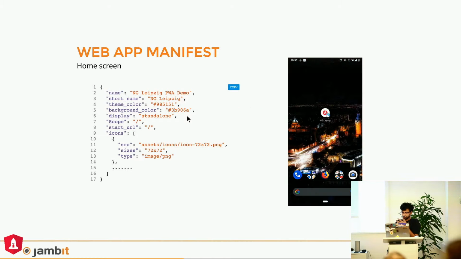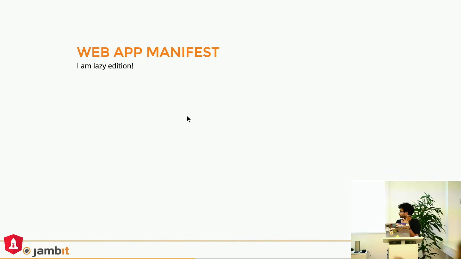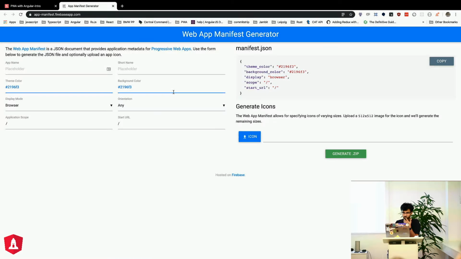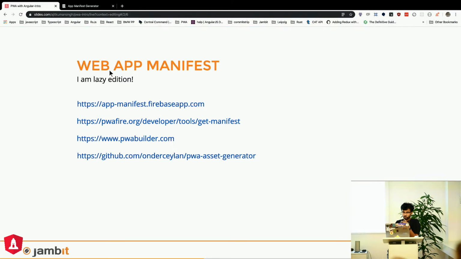And then on your home screen, you usually have another name, like a short name, which you use for the icon name, and again your icon is shown there. But the good part is you don't really need to know any of that. You can go on many of these websites and just auto-generate it.